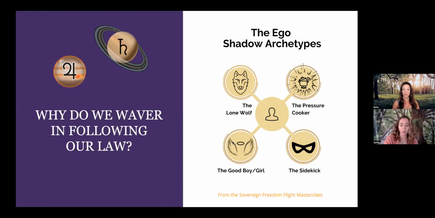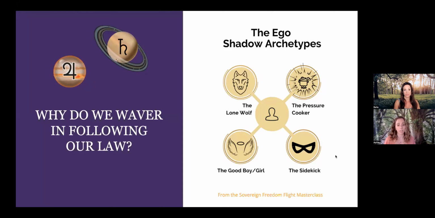So the good girl or boy archetype is going to listen to somebody else's law, because they're telling them what's right and correct. They just want to be a good boy or a good girl, so they'll follow the law even if it contradicts their own, because they haven't really developed the sense of ego to grasp what their law is.